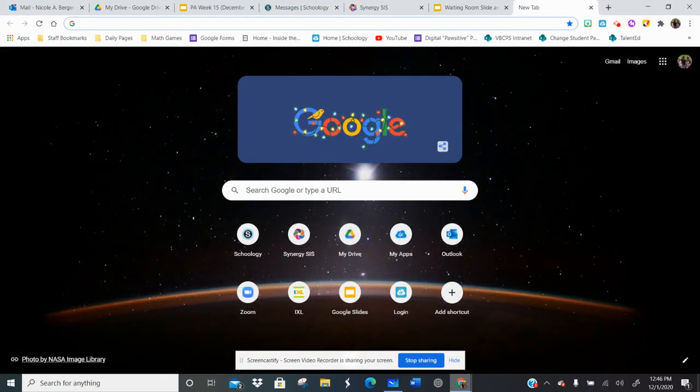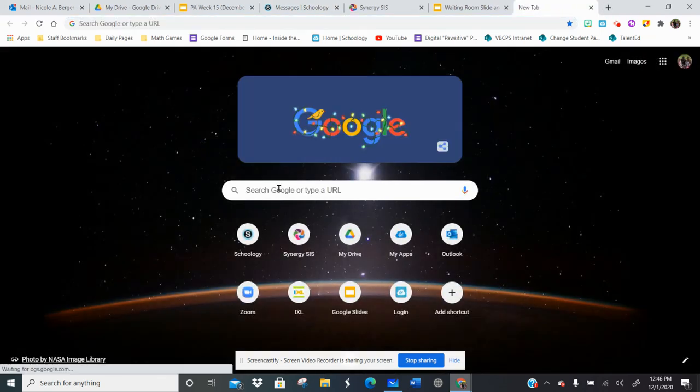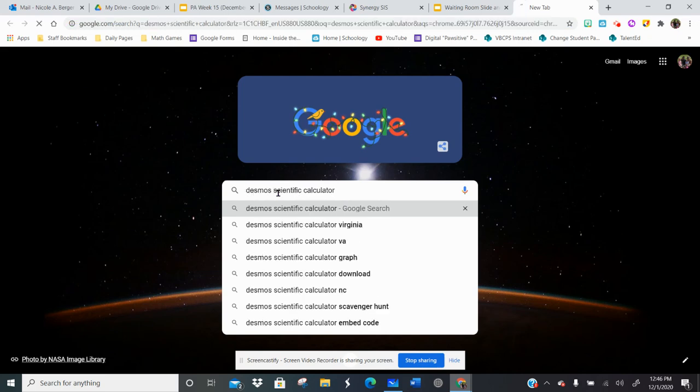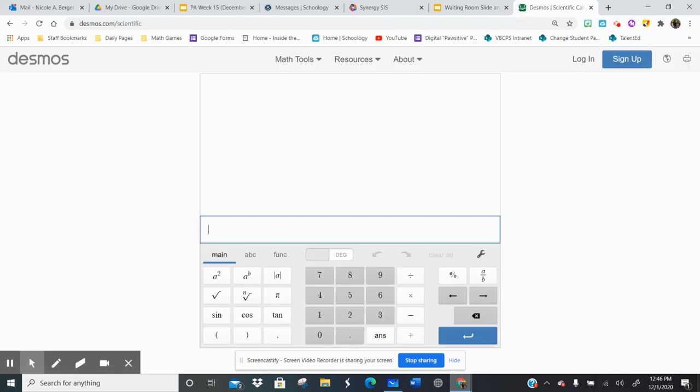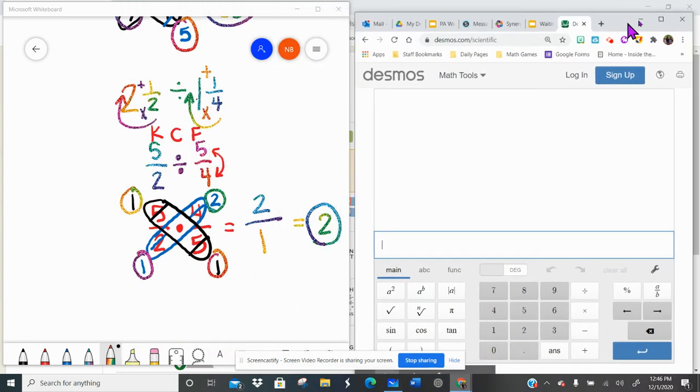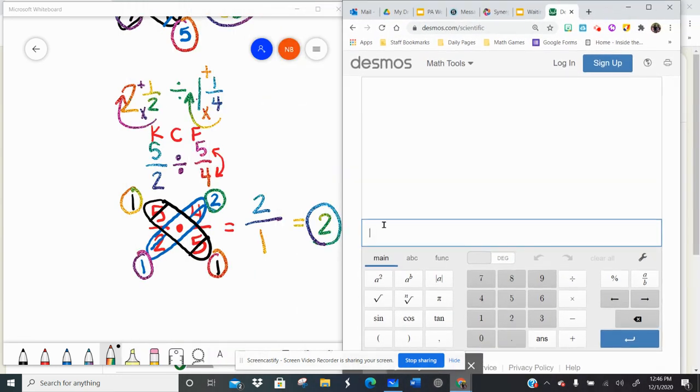So I'm going to go to Google, and I'm going to type in scientific calculator. Ooh, I'm going to say Desmos scientific calculator. All right, well, opens there. I'm going to open this first one. And then let's minimize that so I can see my problem. Okay, so here we go. So 2 and 1/2.